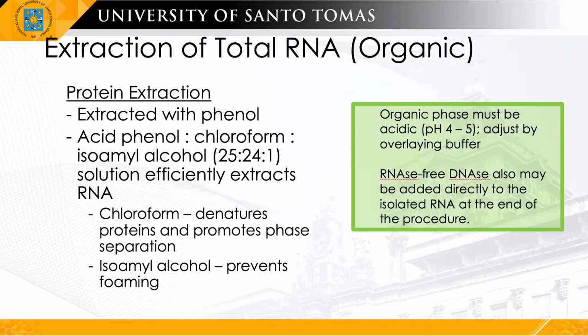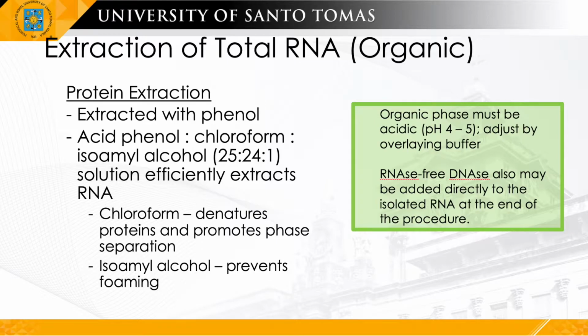So now let's talk about protein extraction. In protein extraction, it's extracted with phenol. So acid phenol, chloroform, and isoamyl alcohol in ratios of 25:24:1 will be able to sufficiently and efficiently extract RNA.